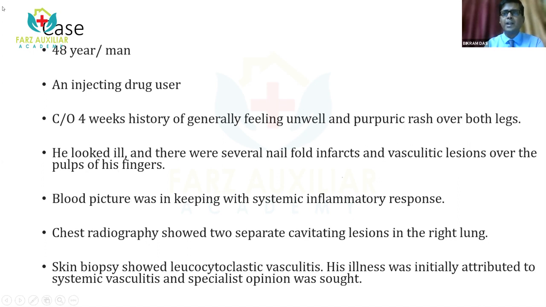So apparently this case looks like a vasculitis presentation with a palpable purpura, but the history is for 4 weeks, and the most striking thing is he's an injecting drug user. So always rule out infection, as I said. The response comes as infective endocarditis, Wegener's granulomatosis, correct? Infective endocarditis is definitely a very good differential, and we should send a good volume of blood culture for this patient.